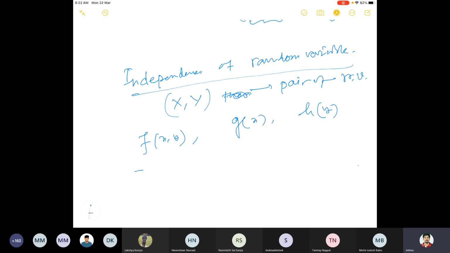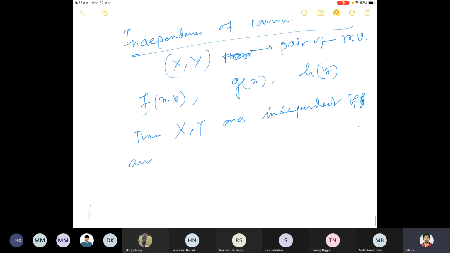Then I'll say X and Y are independent if and only if, same thing, f of xy is equal to g of x times h of y.